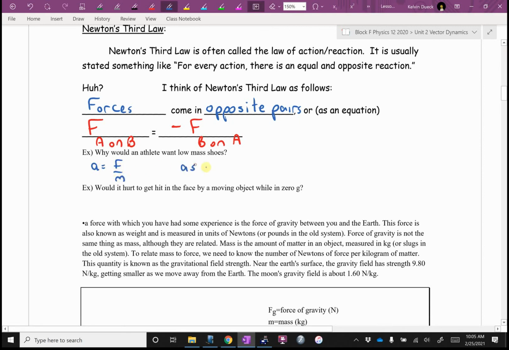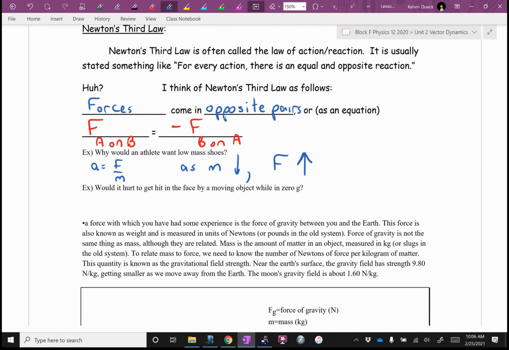So as m gets smaller, that's an arrow pointing down, what can you tell me about your acceleration if the force stays the same? If you divide by a smaller number, what happens to your answer? As m decreases, a increases. Yeah. Okay. You're not going to wear big clunky hiking boots in a 100-meter sprint.